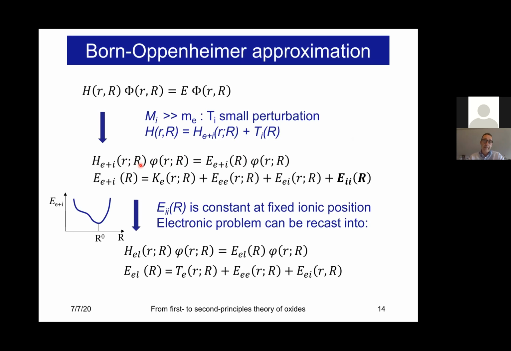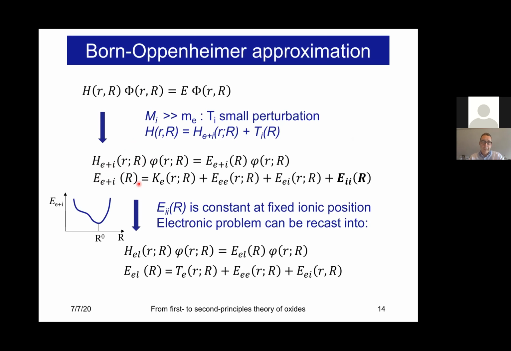This means, in other words, that because the mass of the ions is much larger than that of the electrons, they will move more slowly. And so you assume, in this Born-Oppenheimer approximation, that for each ionic position the electrons are in their ground state, and they will automatically adjust to the position of the ions.